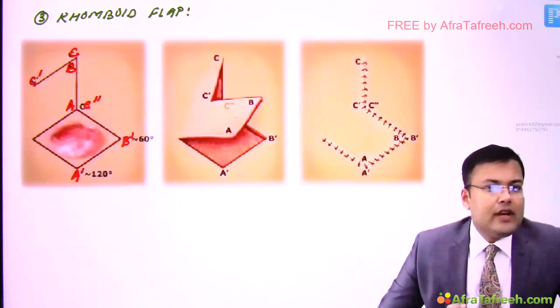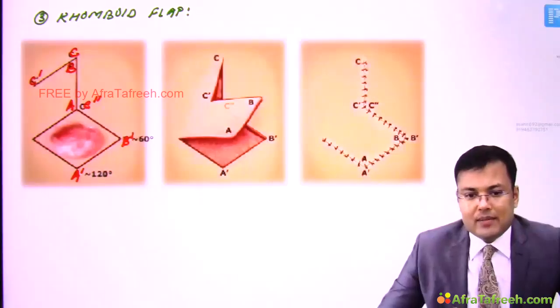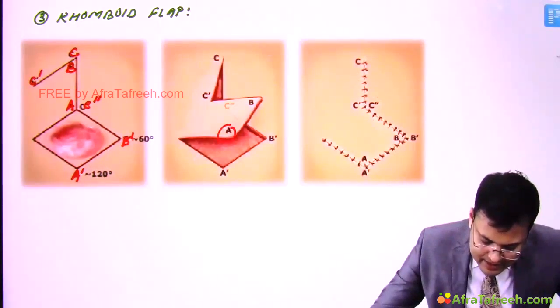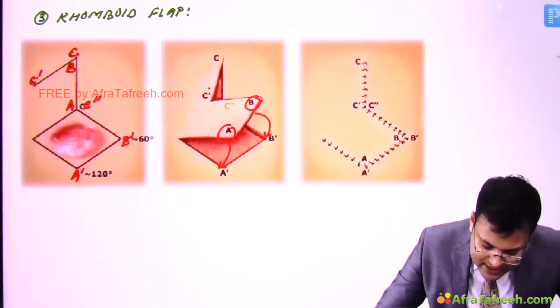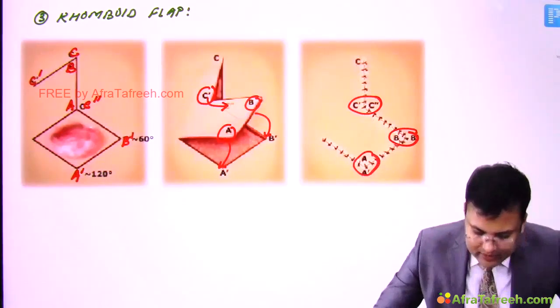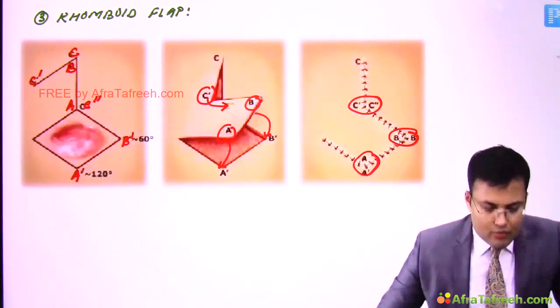Now in this rhomboid flap, A is being taken to A dash, B is being taken to B dash, and C dash is being taken to C double dash. Clear?